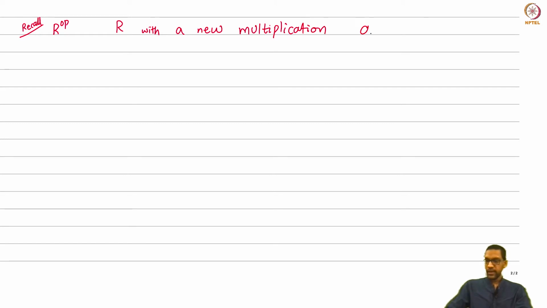A multiplying B is now B times A, where BA just means the multiplication in the original ring R. So you just reverse the order and multiply. The ring R with this new multiplication is usually denoted R op. So the addition is the same, the multiplication is in the opposite order.